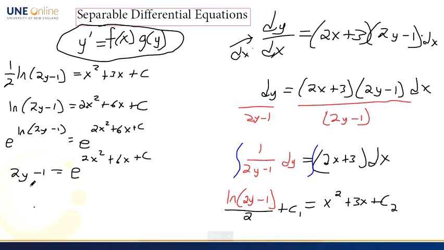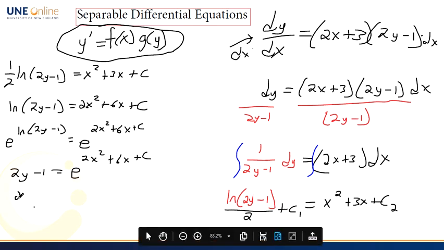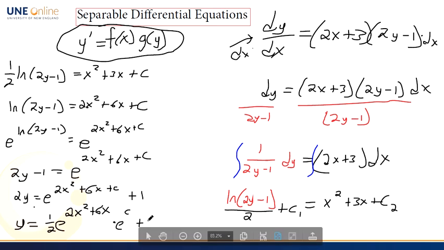Okay. Still trying to get y by itself, so add 1 to both sides. And then divide both sides by 2, or multiply both sides by 1/2, right? So I add that 1/2 to both sides. We got 1/2 e to the 2x squared plus 6x. And then if we say times some e to the constant c, this needs to be 1/2 because we multiply both sides by 1/2.